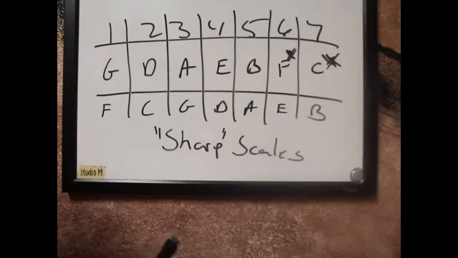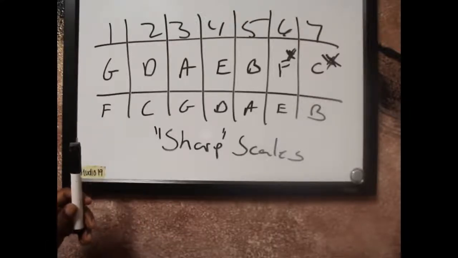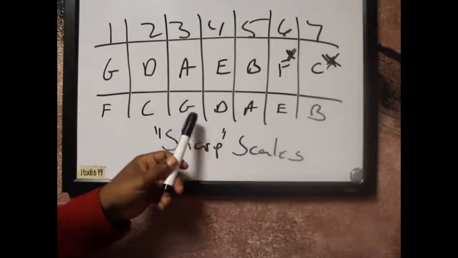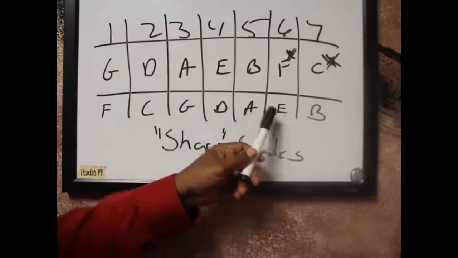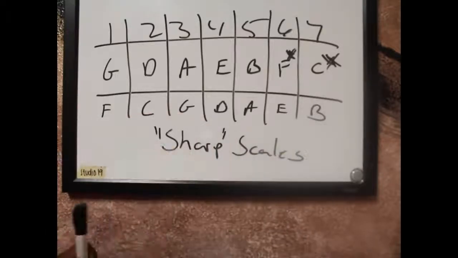So if you learn it one way, all you have to do is write it the other way for the sharps or for the flats. Pretty easy. Which is why it's important to learn the order of the sharps and flats. The order of the sharps is F, C, G, D, A, E, B, and the order of the flats is the other way.